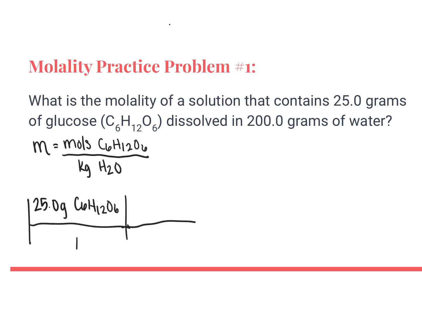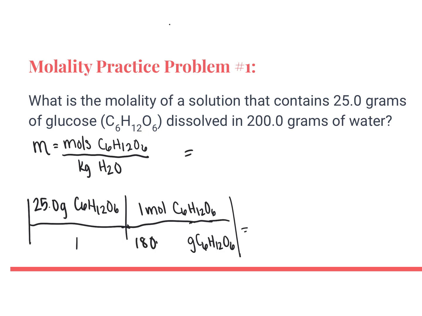How do we convert from grams to moles? Okay, molar mass. So add up C6H12O6. Is it 180-ish? 180. Okay, 180.18.